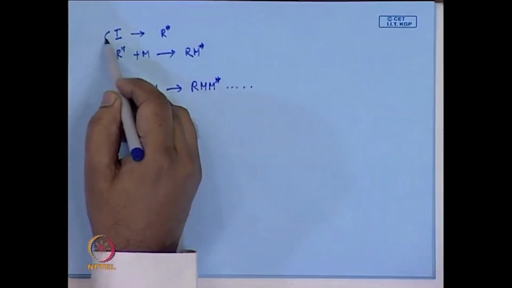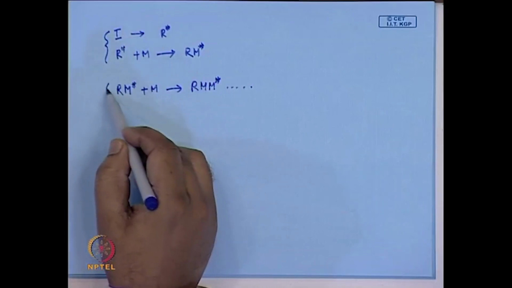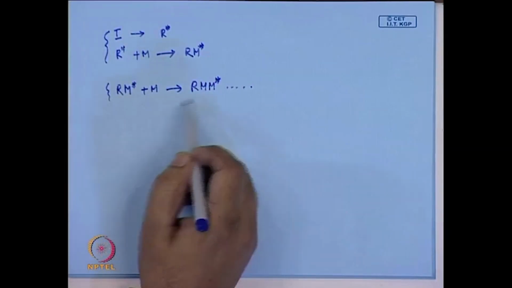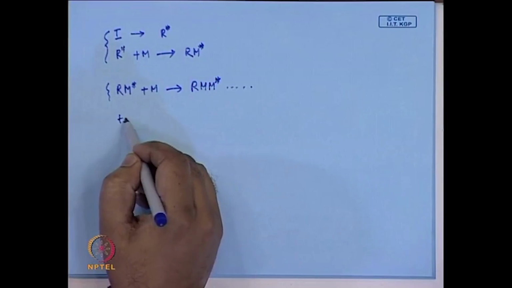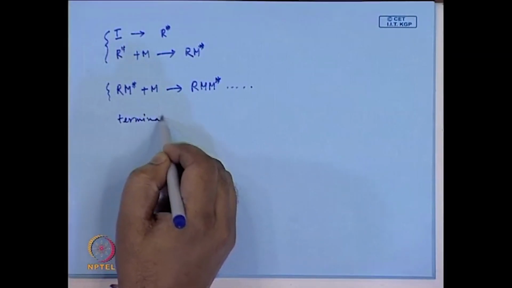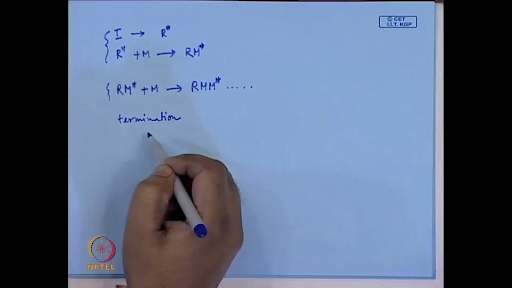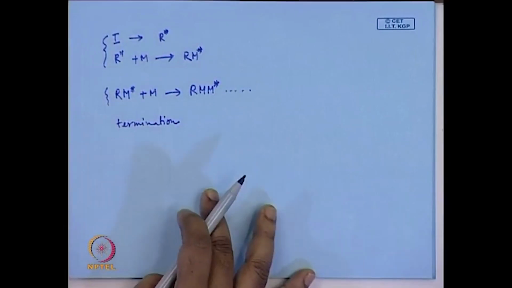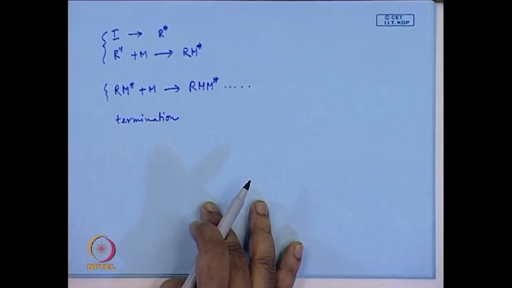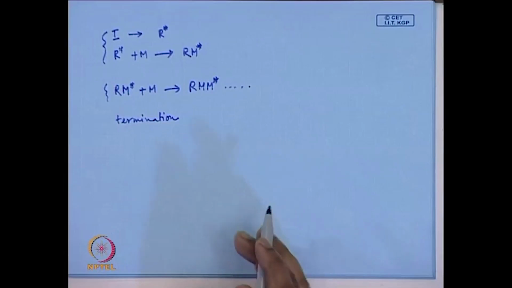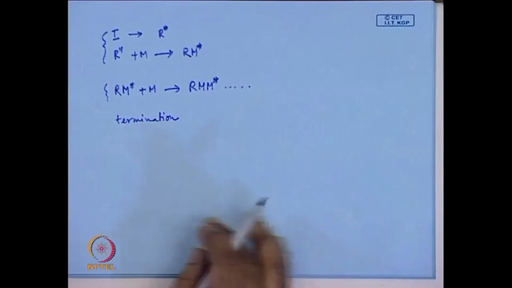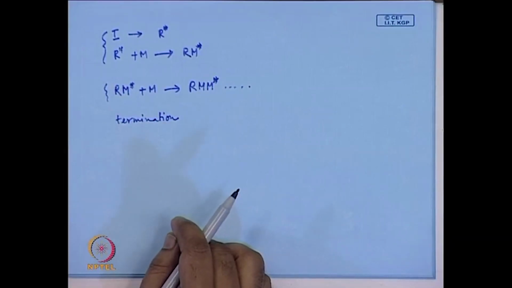So, this is part of the initiation step, this is the propagation step, and also we have the termination step. We also have another possible step, transfer reactions, which we will discuss when necessary.